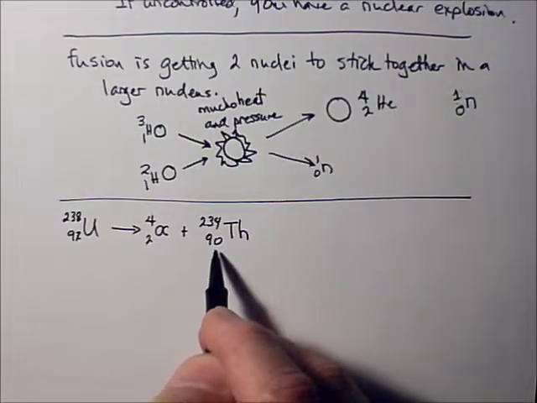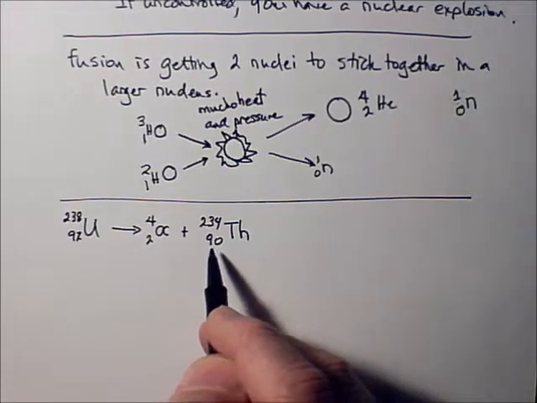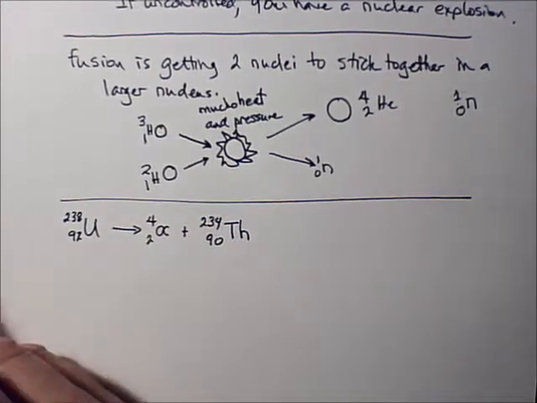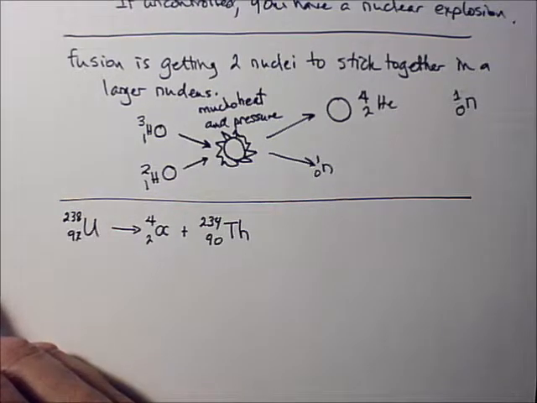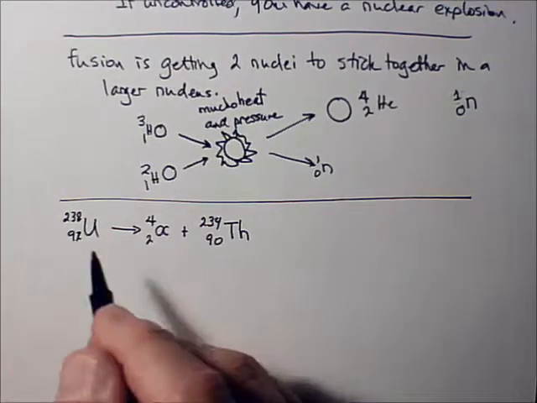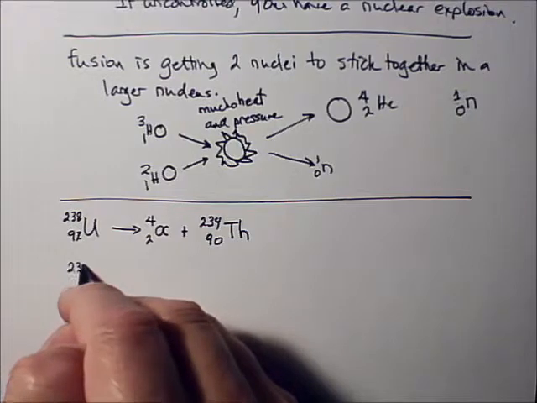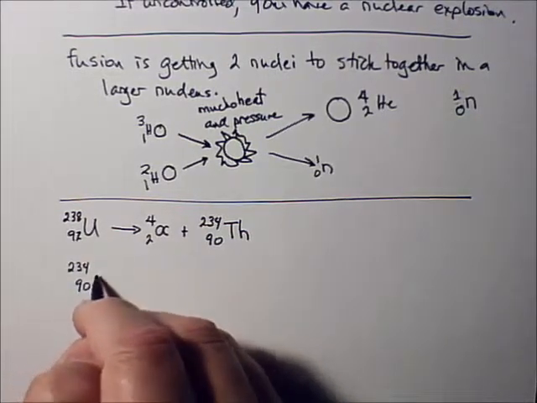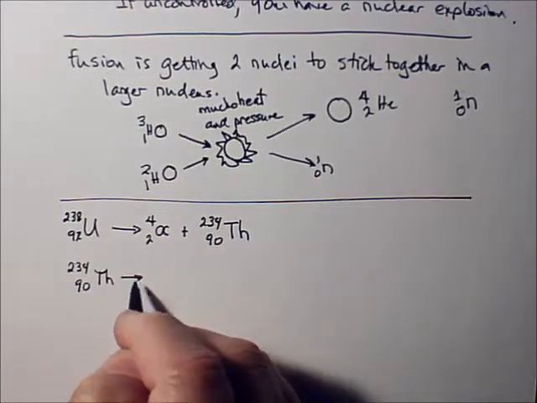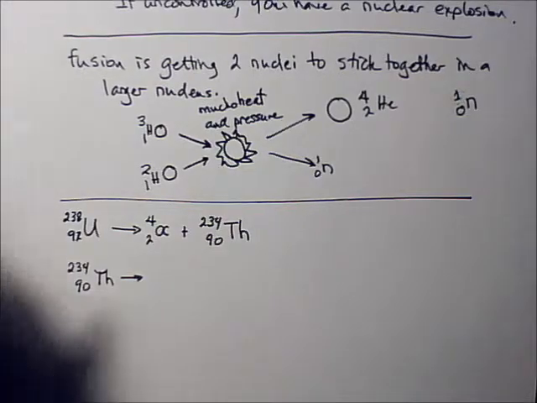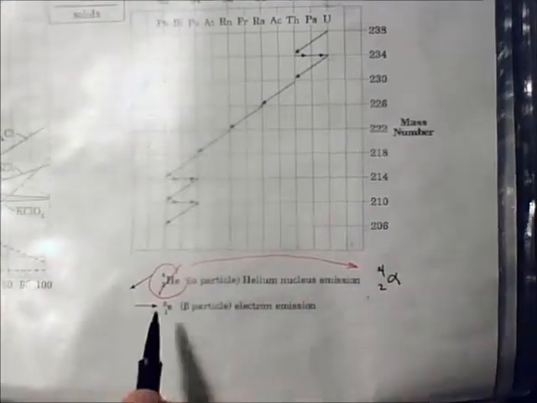They're all radioactive, and thorium is larger than 83, so there's no stable form of thorium. So it's going to go through some kind of nuclear decay. Let's look at the chart.